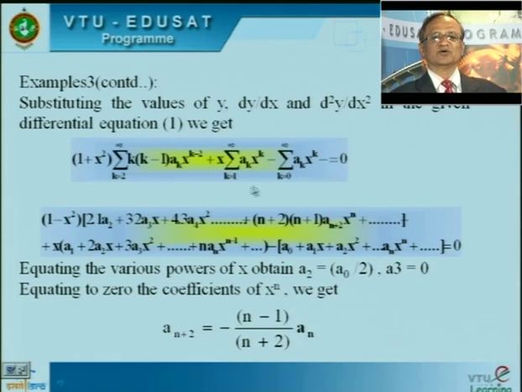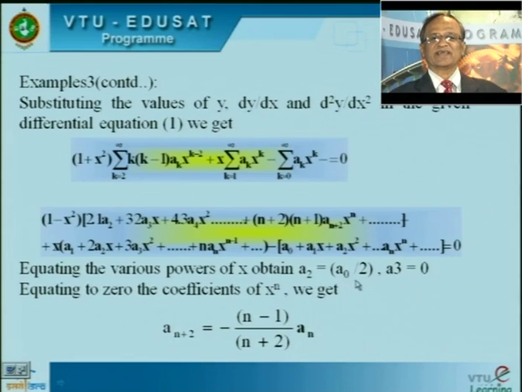Plus x into, in this summation you replace k by 1, 2, 3 and so on. You will get all these terms, minus summation of k equal to 0 to infinity, replace k by 0, 1, 2, 3 and so on. You will get all these terms equal to 0. So now I want to identify various powers of x. You can rearrange the terms. Is it clear? I hope various powers of x we can obtain.